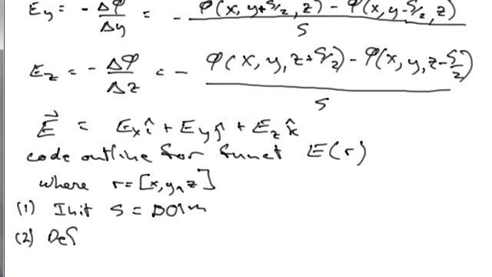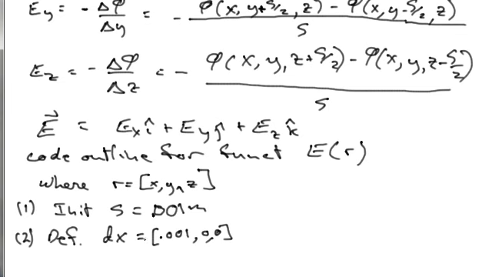Define dx as an array, which is 0.001 comma 0 comma 0.